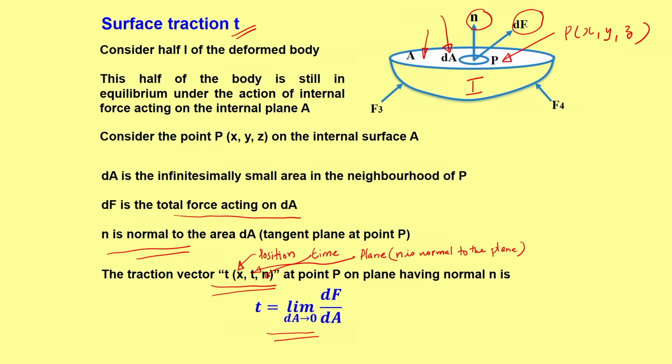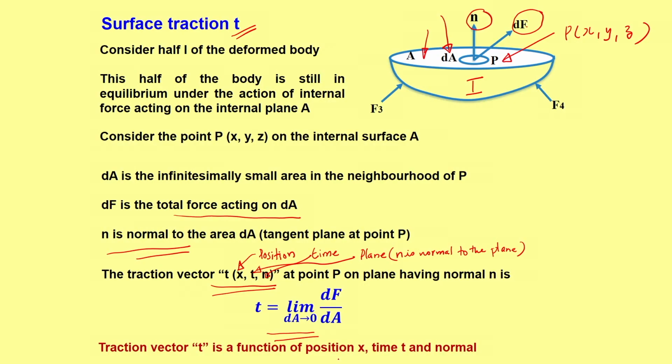So, in essence, the traction vector T is a function of position, time and plane. It is always identified by some point in space. It is also defined by time because you are considering a deformable body, so what deformation does this mechanics correspond to?